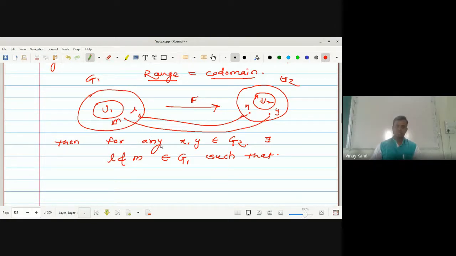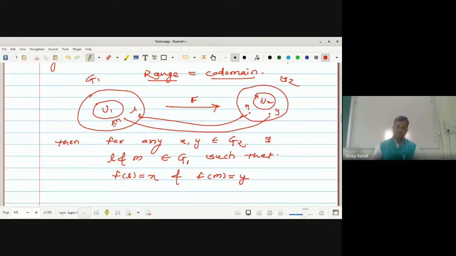So for any x, y belonging to G2, there exist l and m belonging to G1 such that f of l is equal to x, and f of m is equal to y.